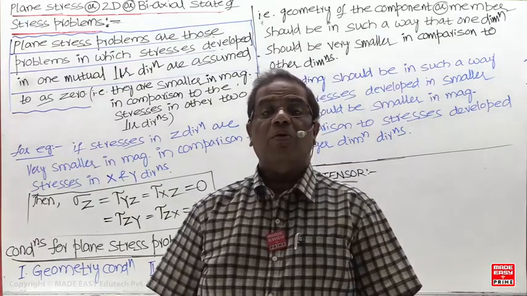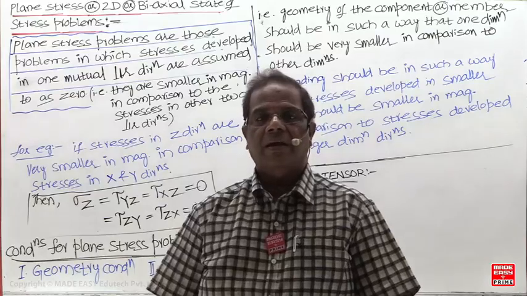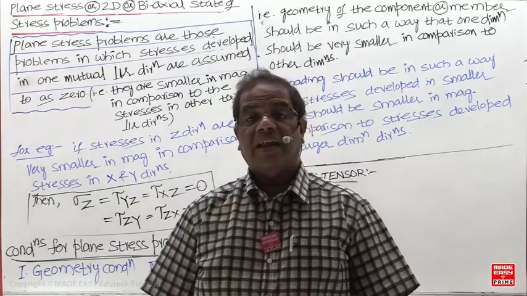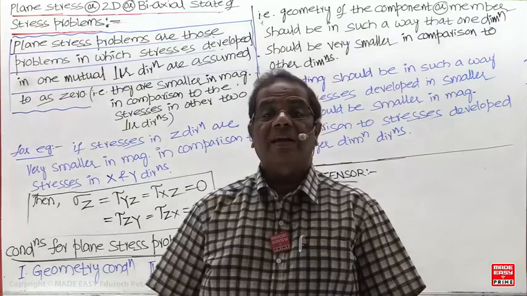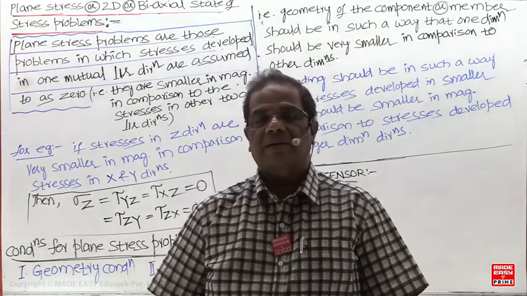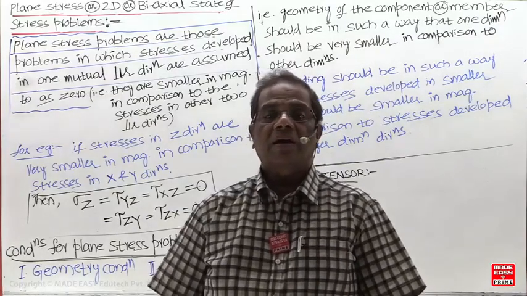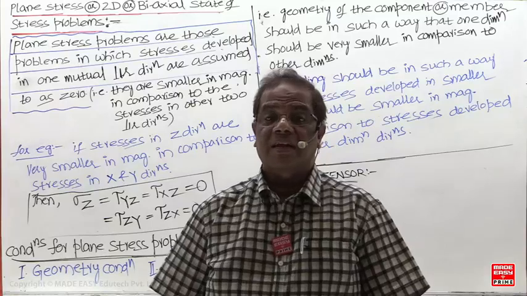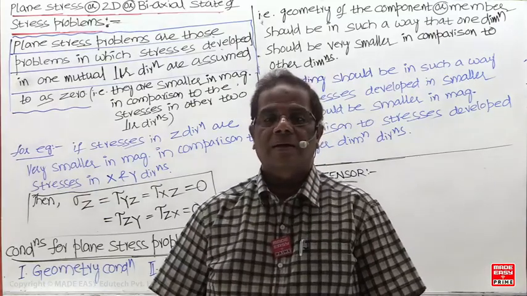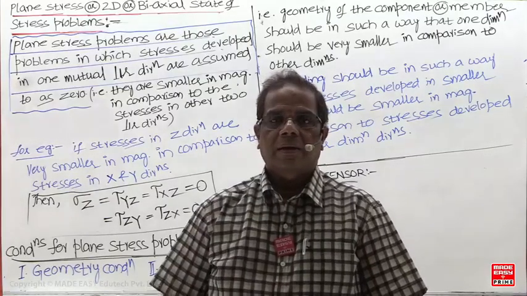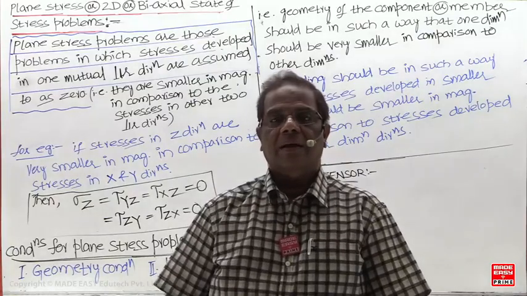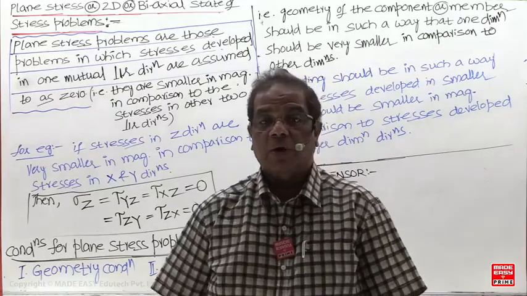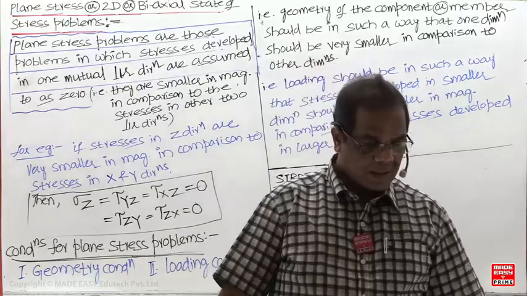Your syllabus has only stress analysis; strain analysis is not included in the syllabus. But still in GATE and ESE you get strain analysis questions. The BTech syllabus has only stress analysis.